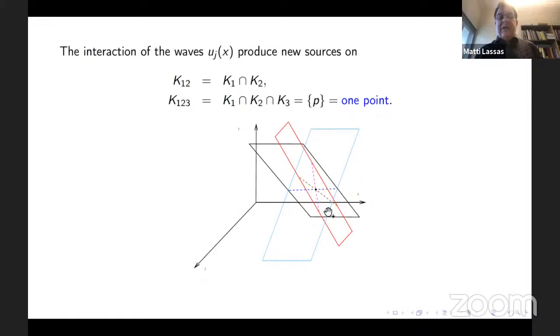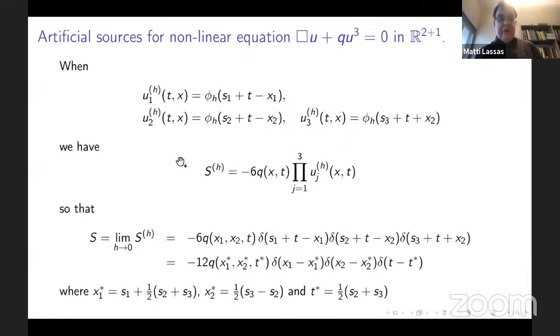What is interesting is that when 3 planes in this 3-dimensional space intersect at a single point, this point will be a very interesting point because it will produce an artificial point source. So the intersection of 3 planes is 1 point in space-time. Let's look at how this appears in computations.